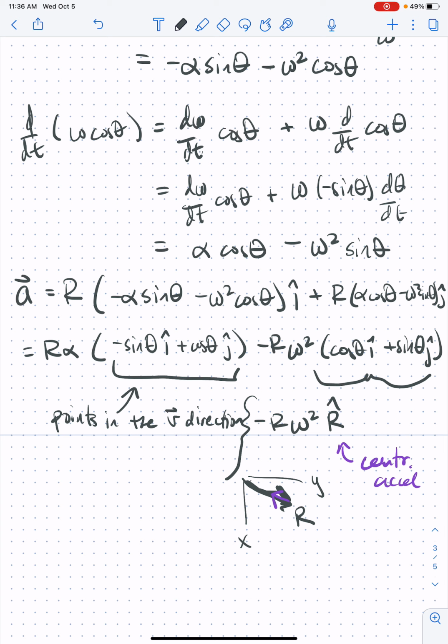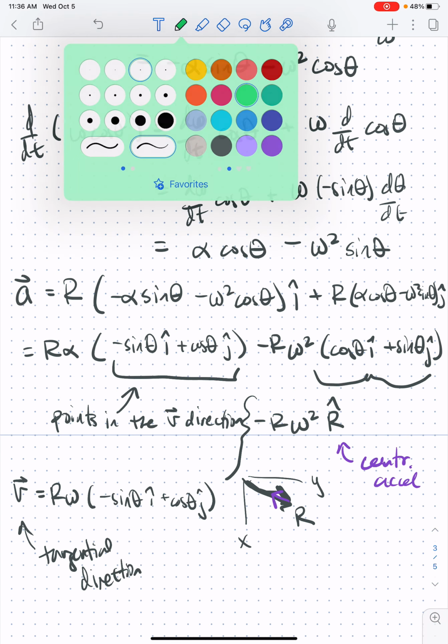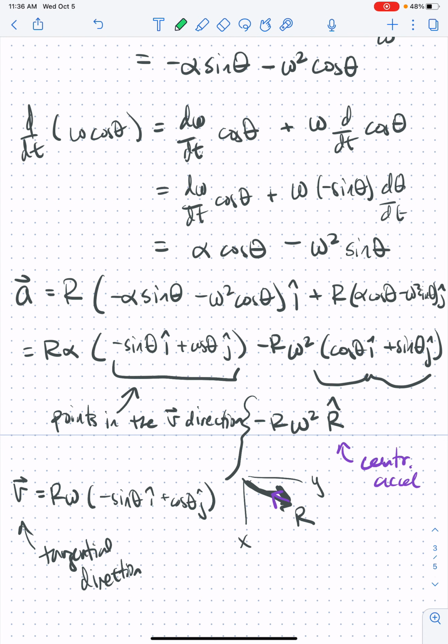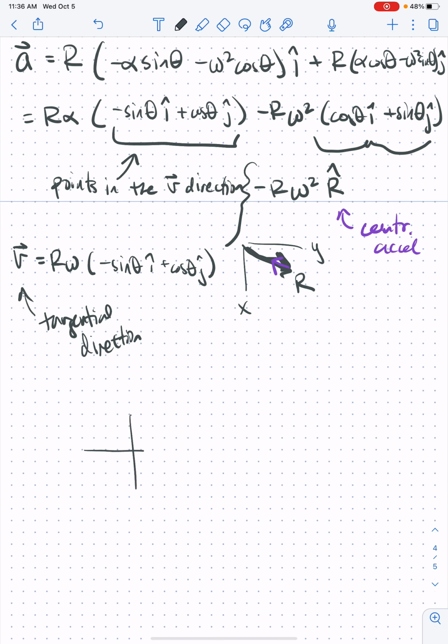To see that, we can go back and look at our v vector from before. Remember, that was r omega times negative sine theta i hat plus cos theta j hat. And so the v direction, we could also think of as the tangential direction. So this is the tangential direction that points along the direction of travel. I'm getting crammed, so I'm going to draw the overhead view again because I didn't leave myself enough space.